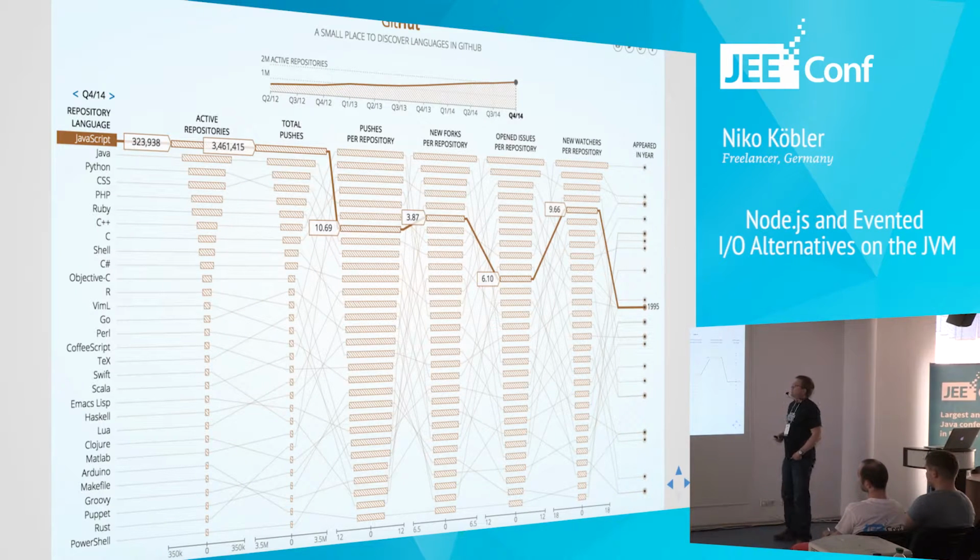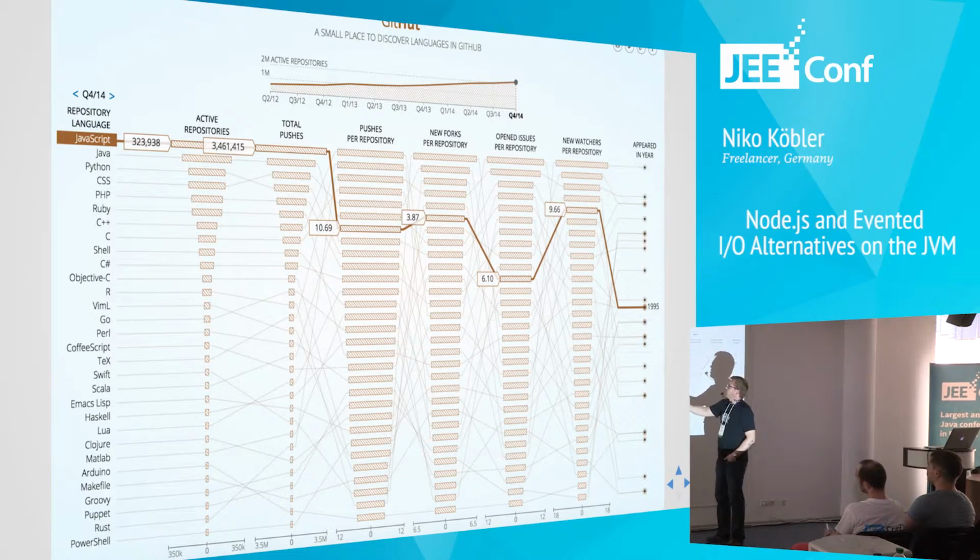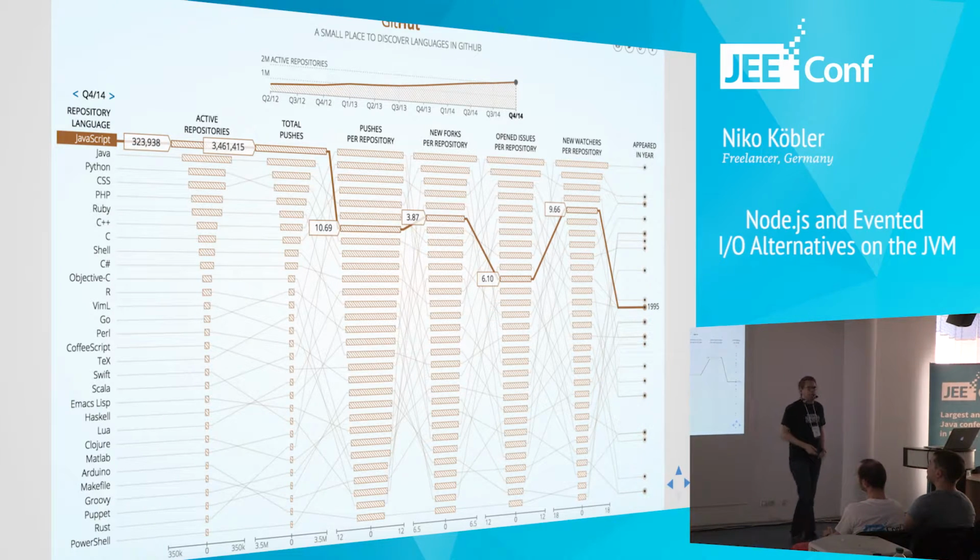Last but not least, this is the report from GitHub, from the end of last year. JavaScript repositories were the most numerous on GitHub, but this is only quantity, not quality.